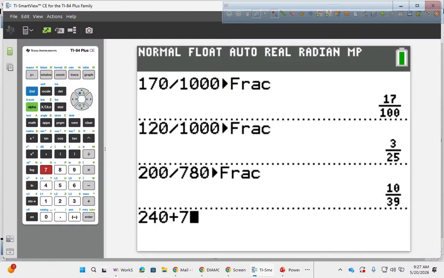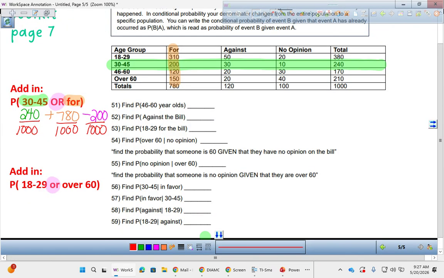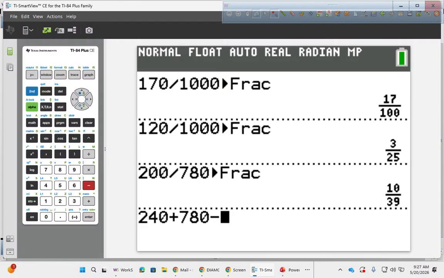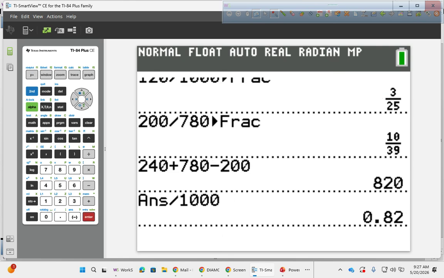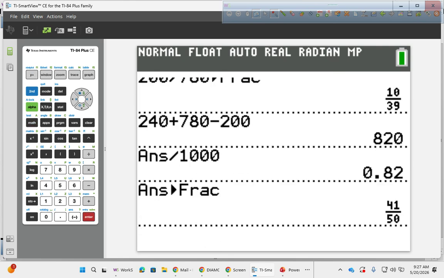All right, so I'm going to do 240 plus 780 minus 200. And I'm going to put that number over 1,000. Rather than typing them all as fractions, I can do it this way. You can type them all as fractions, like 240 over 1,000 plus 780 over 1,000 minus 200 over 1,000.